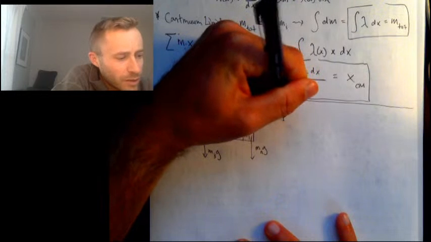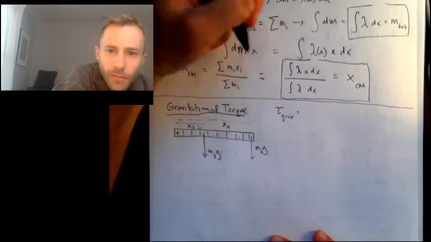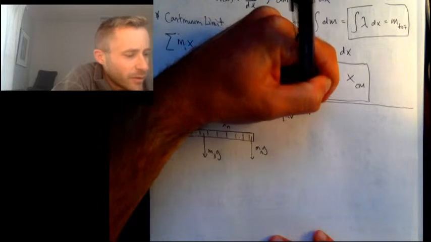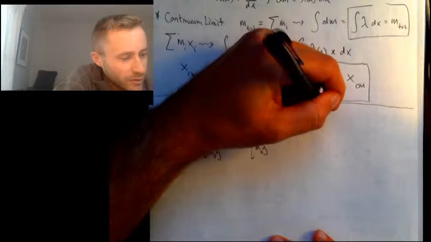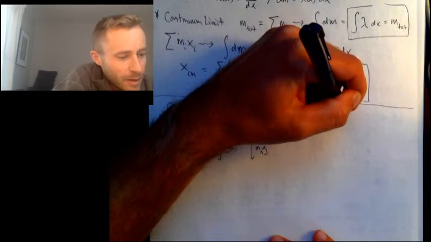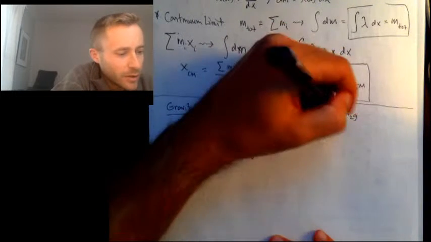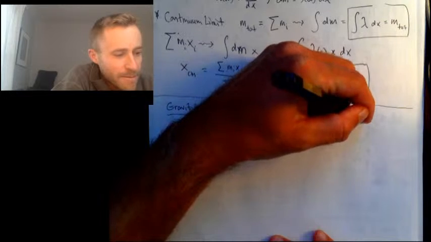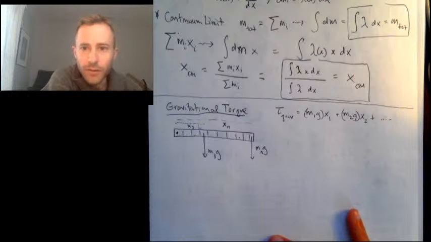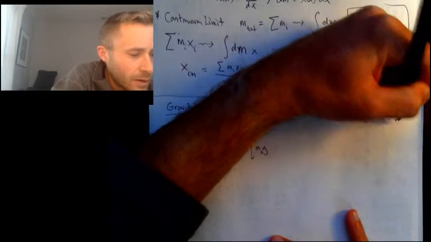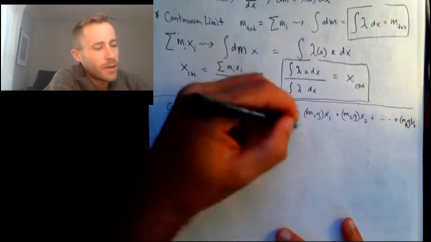So our total gravitational torque is going to be m1 g, the gravitational force on this piece, times its distance from the pivot, plus m2 g, the force on this portion times its distance from the pivot point, plus, and we just add that up for all of the different terms, m_n times g times x_n.